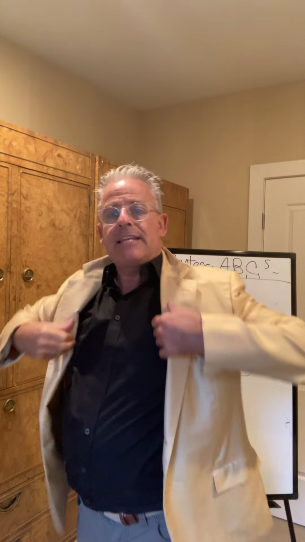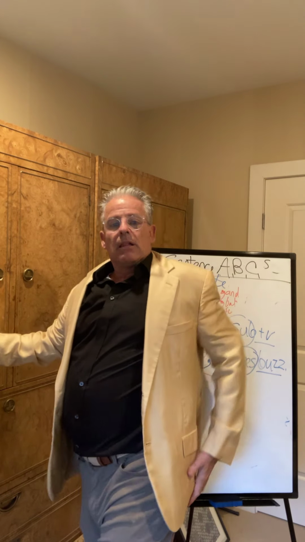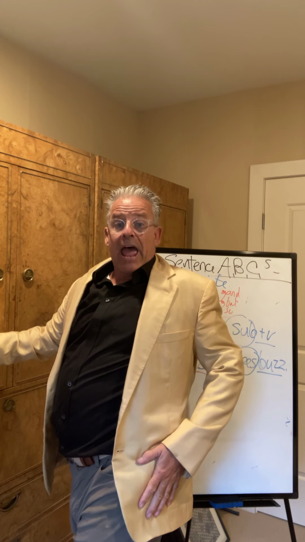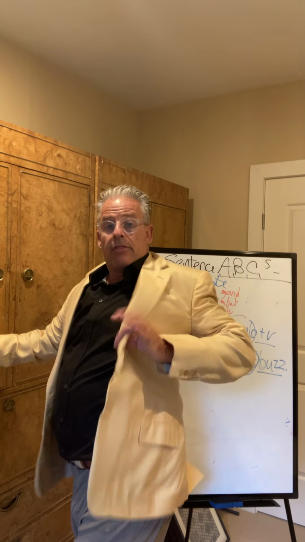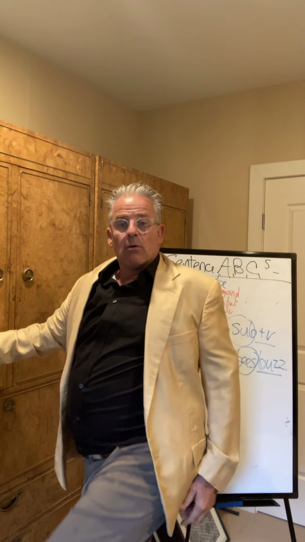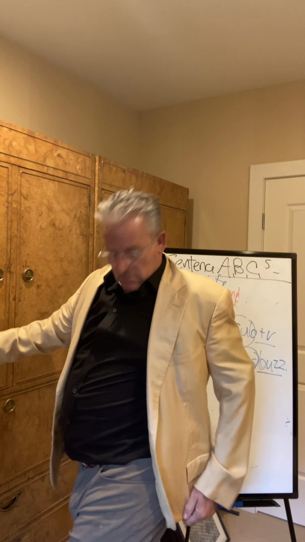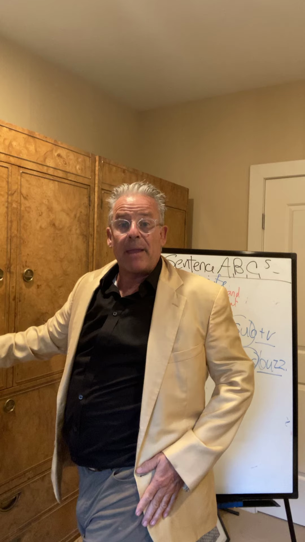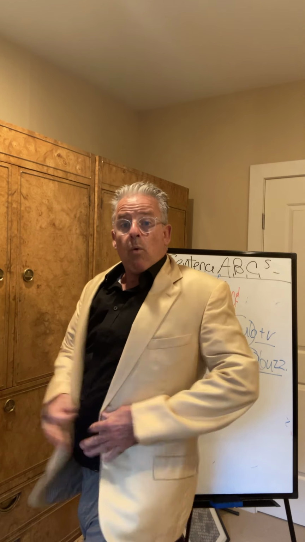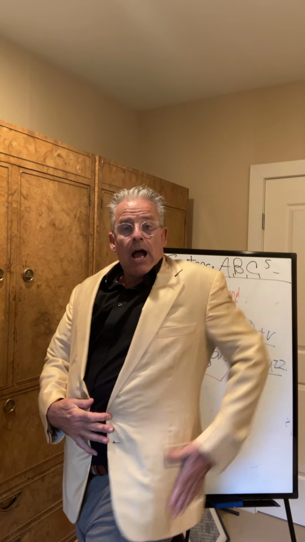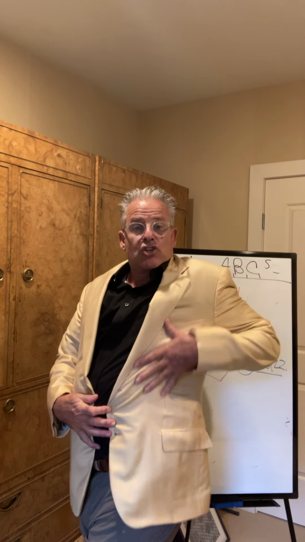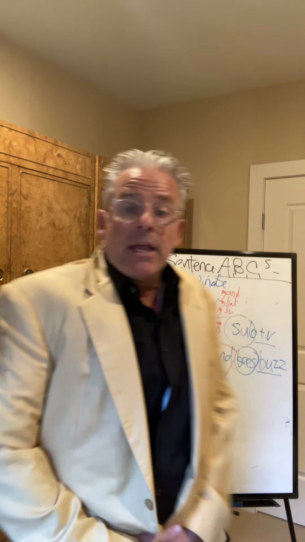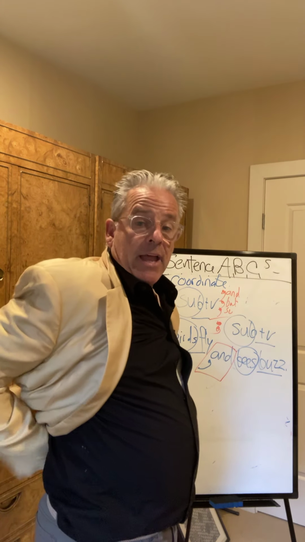A coordinate sentence is like my lovely coordinated outfit. I've coordinated this summer blazer with these dark khaki pants. Why? Well, I like the look. I like how this dresses up my workaday thing. And you'll notice I could wear the pants without the blazer.